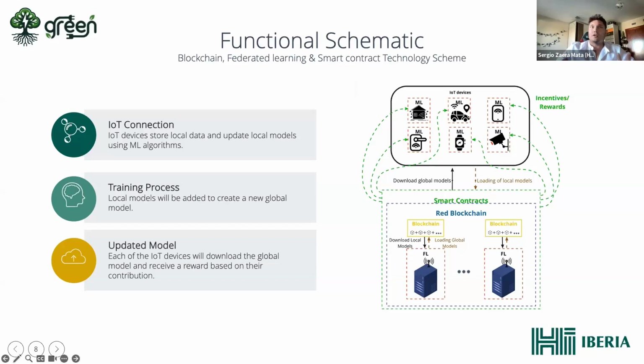They use the data of these charging sessions to update the local models in each charging station. Then these local models will be first validated and then added to create a global model. And finally, we have the process to update this global model to the rest of the charging stations that have participated. Don't worry, I will explain this better, but this is just a quick overview.